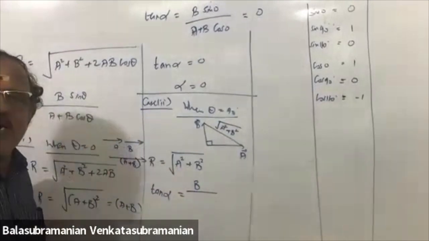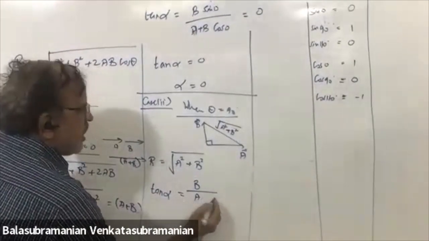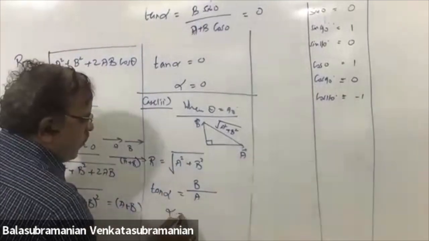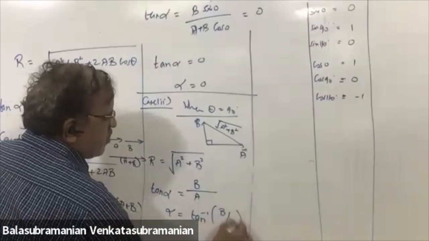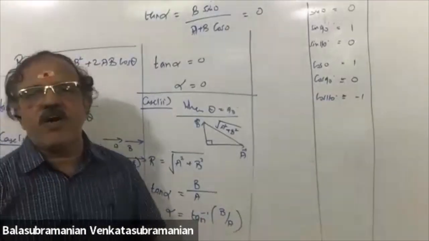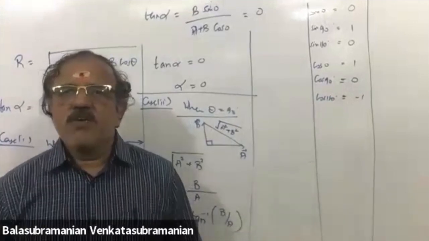Sin 90 is 1, by A plus B cos 90. Cos 90 is 0. So B by A. So alpha is equal to tan inverse of B by A. If you know the value of B and A, you can calculate the value of alpha using the logarithm table.